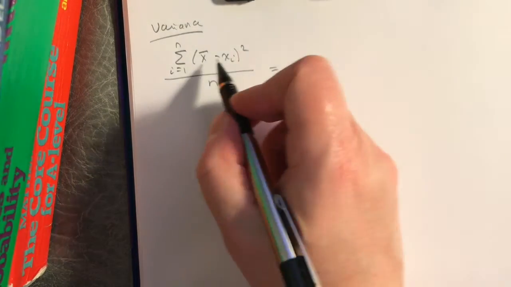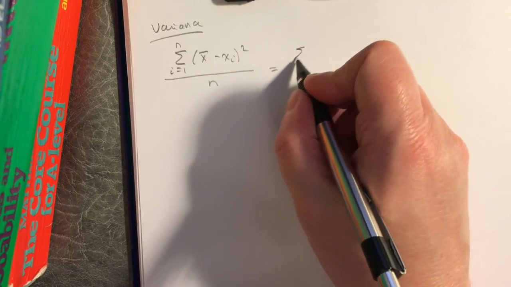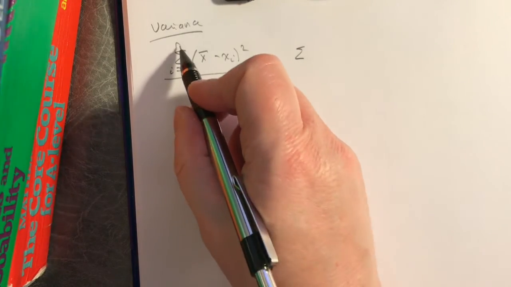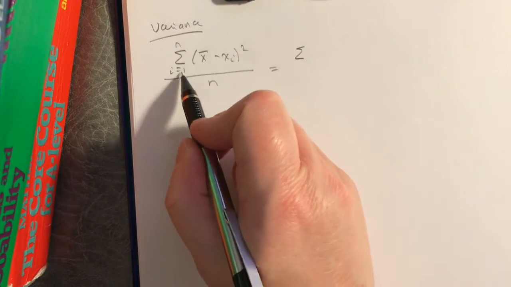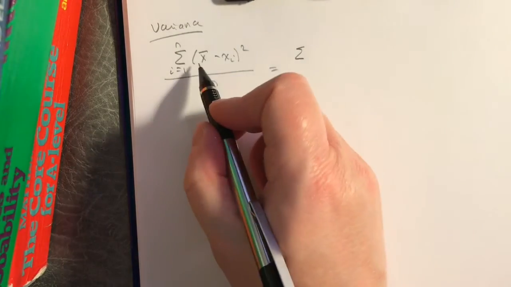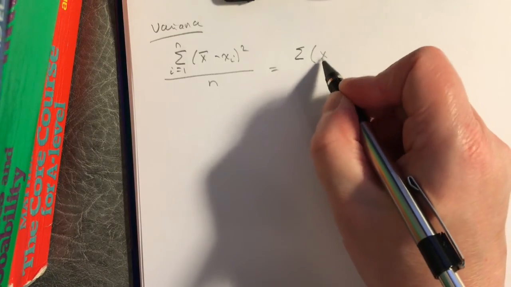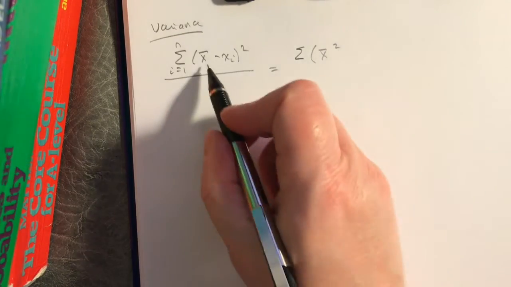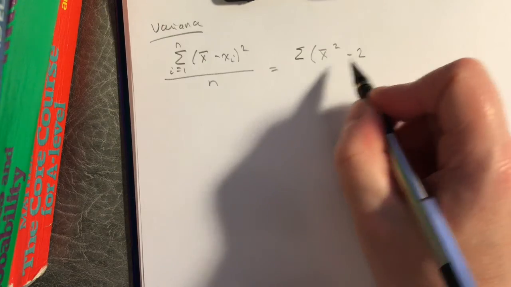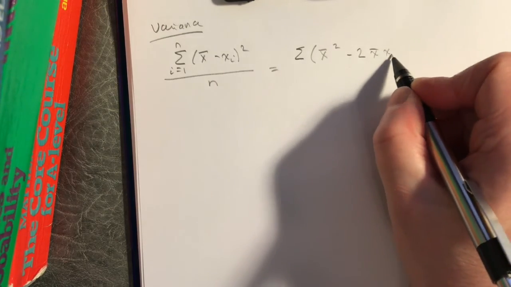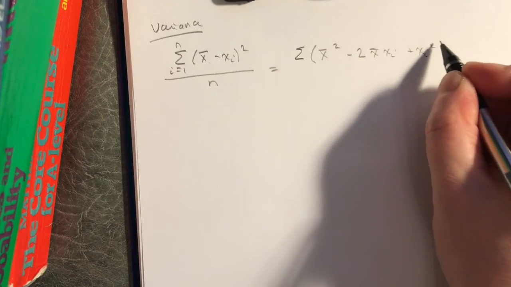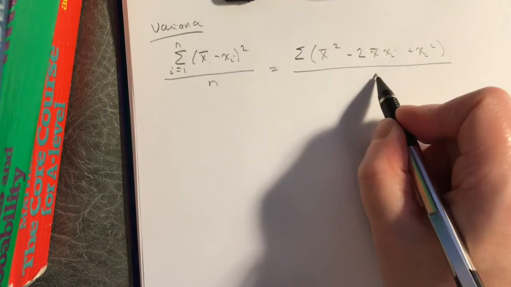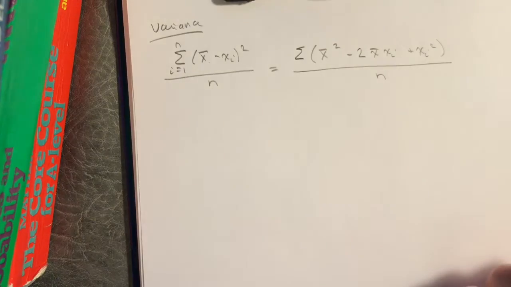Okay, so if I multiply out the brackets in that summation, and I'm going to drop the indices for simplicity, but we know that they're there, that's going to give me the mean squared minus 2 copies of the mean times our xi plus our xi squared, and I'm still dividing by n. So that's just multiplying out the brackets.